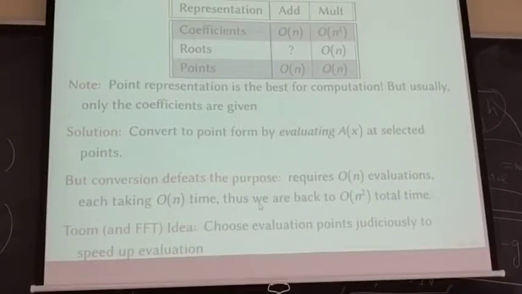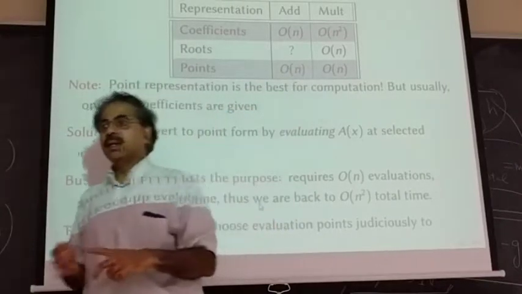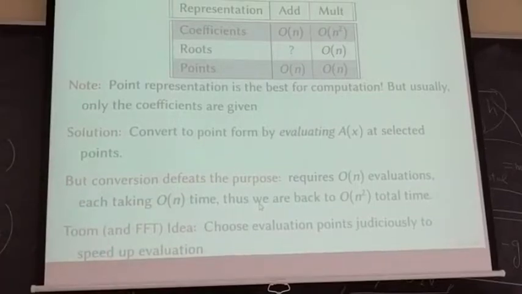Even using Horner's rule, each evaluation takes O of n multiplications. Now if you have to evaluate it at n points, each of them requiring n multiplications, you have n squared time. So yes, we can do addition and multiplication efficiently, but because the conversion to point representation requires a lot of multiplications, we don't seem to win.